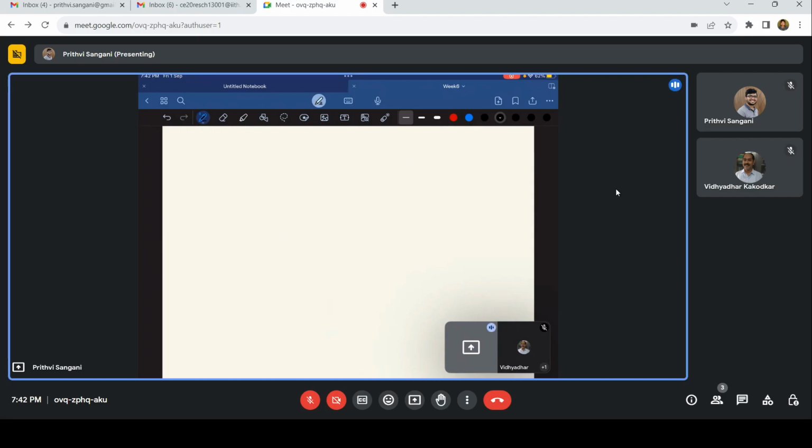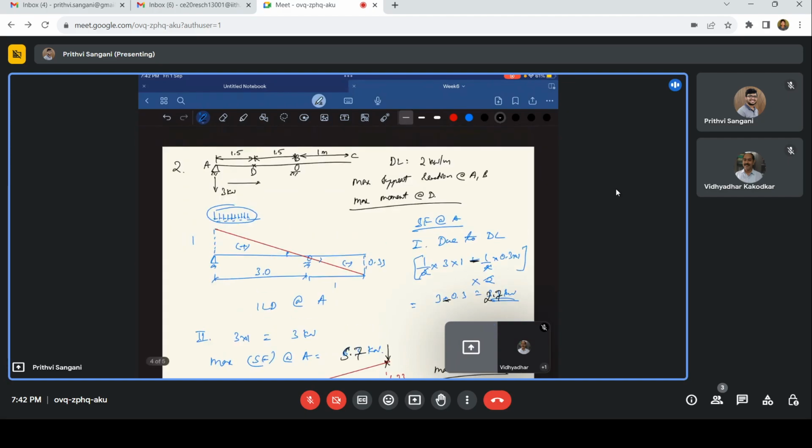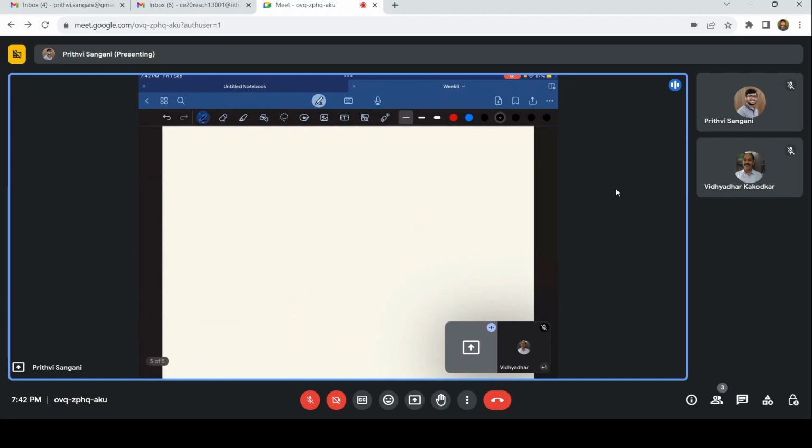So what about the bending moment at D? It is something like this, and this is something like this. So let us rotate.